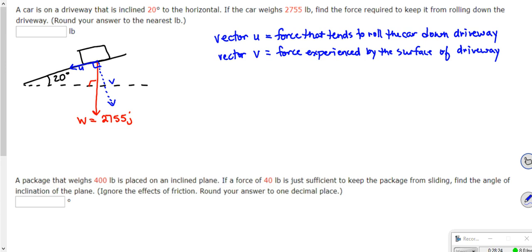So U is the force that tends to roll the car down the driveway. V is the force experienced by the surface of the driveway.